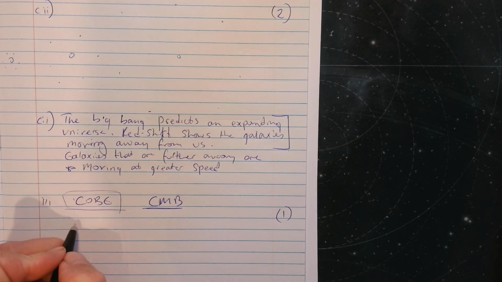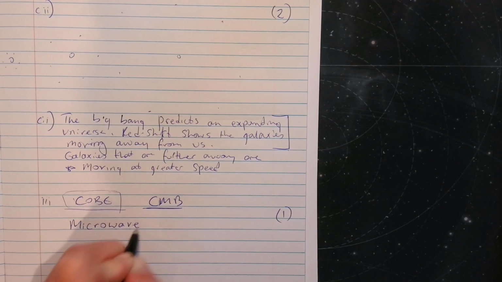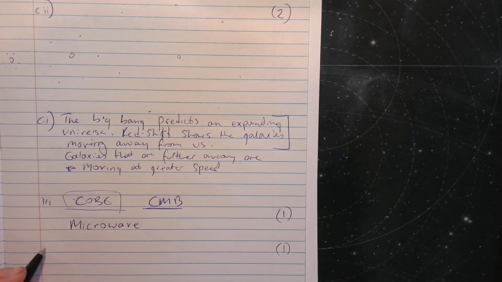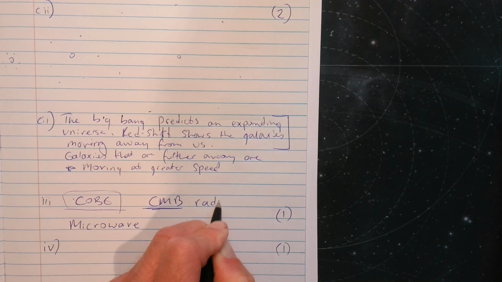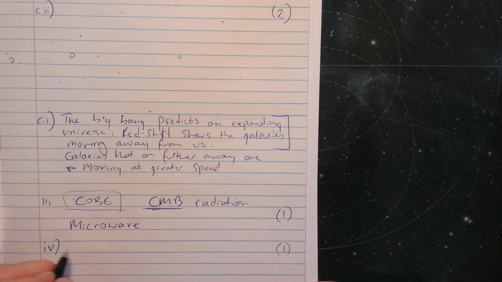So it's looking at the cosmic microwave background radiation. And what do we mean by that? So what is meant by CMB radiation? It is radiation that's everywhere in the sky. So we believe it's left over from the Big Bang.